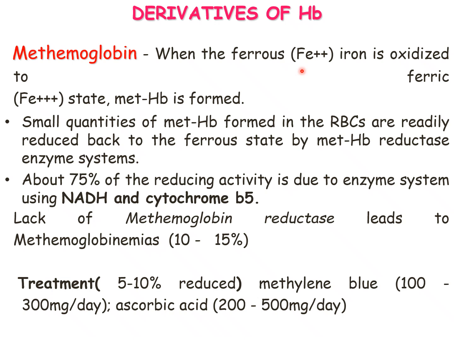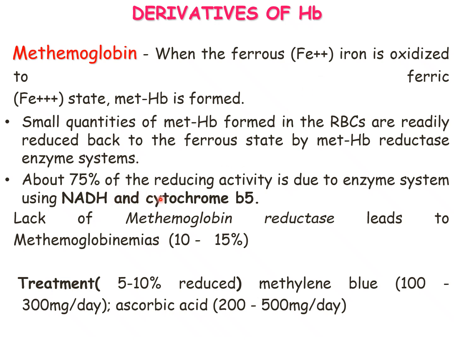Small quantities of methemoglobin formed in the RBC are readily reduced back to the ferrous state by the methemoglobin reductase enzyme system. This enzyme is very important to reduce the oxidized state. If there is any defect in this enzyme, the oxidized ferric ion will be more, and it binds with hemoglobin to form methemoglobin.